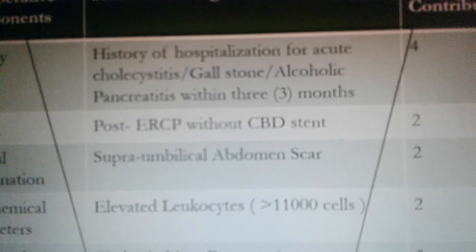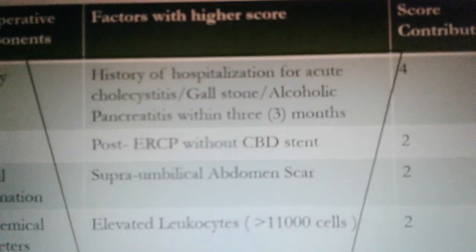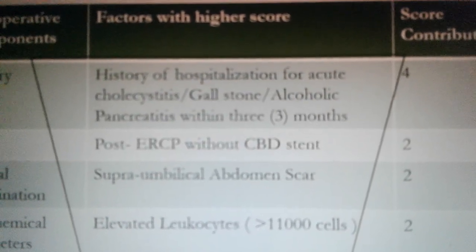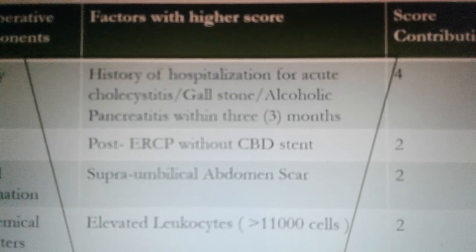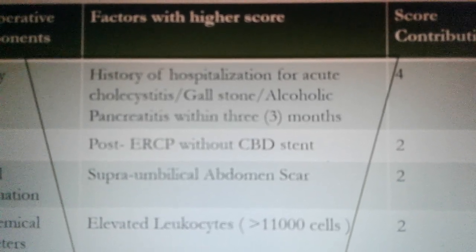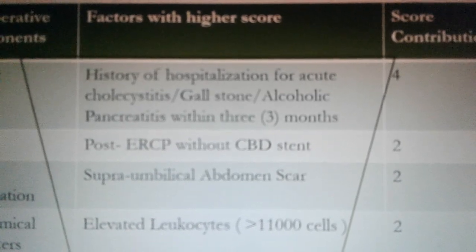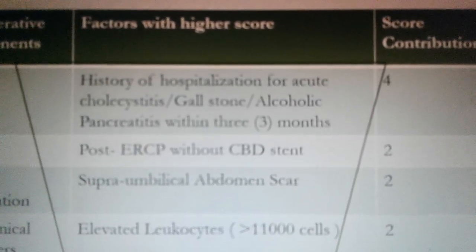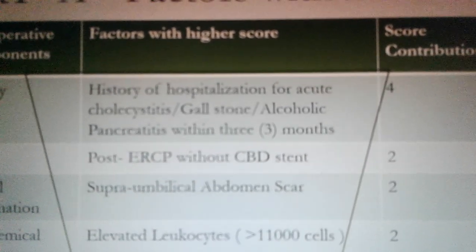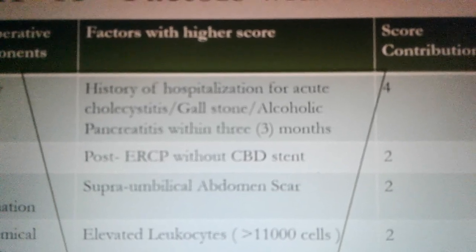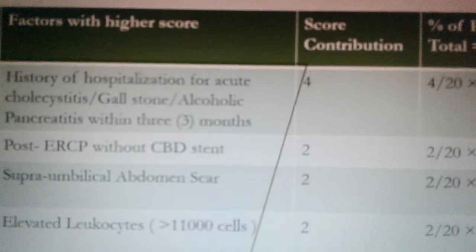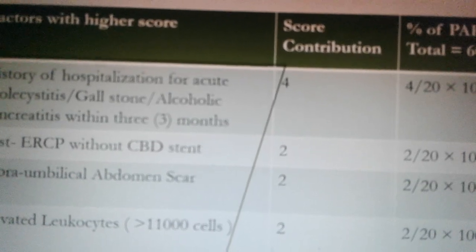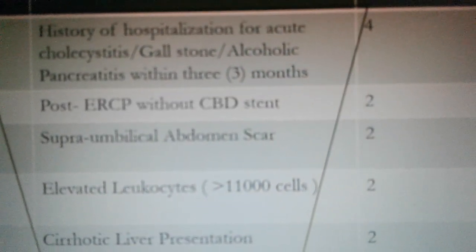If under the history component the patient is giving history suggestive of post ERCP, especially without CBD stent, only sphincterotomy done in a gallstone pancreatitis setting with choledocholithiasis, score contribution 2. In the clinical examination part, presence of supraumbilical abdominal scar, score 2.